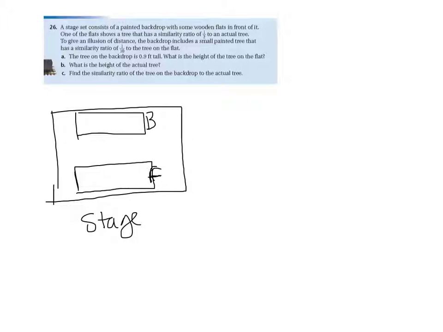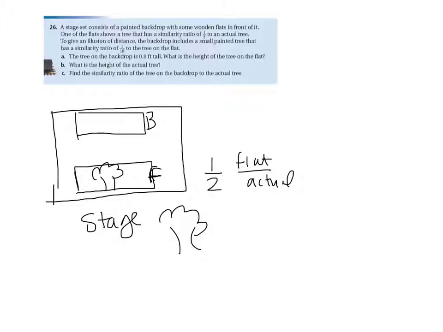It is showing a tree. I'm going to draw myself a nice little tree here. It is showing a tree with a ratio of 1/2. So I'm going to label this ratio. It is a ratio of 1/2 to the actual tree. So this would be the flat to actual. And then of course I have this actual tree out here. So it has this similarity ratio.